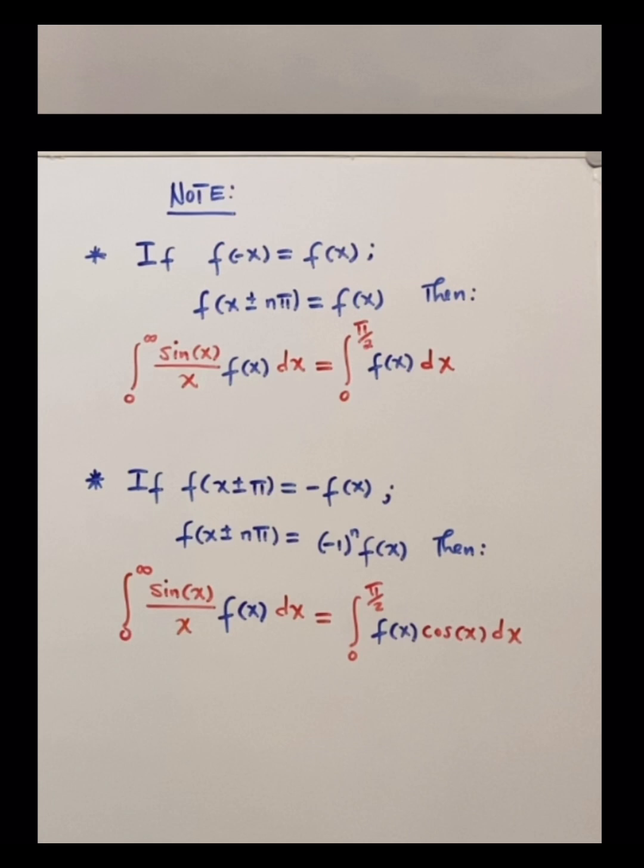That is, if f of x plus or minus pi is equal to minus f of x, and f of x plus or minus n pi is equal to minus 1 raised to the power n times f of x, then the integral from 0 to infinity of sine of x all over x times f of x dx is equal to the integral from 0 to pi over 2 of f of x times the cosine of x dx. Let's see how they solve our question.